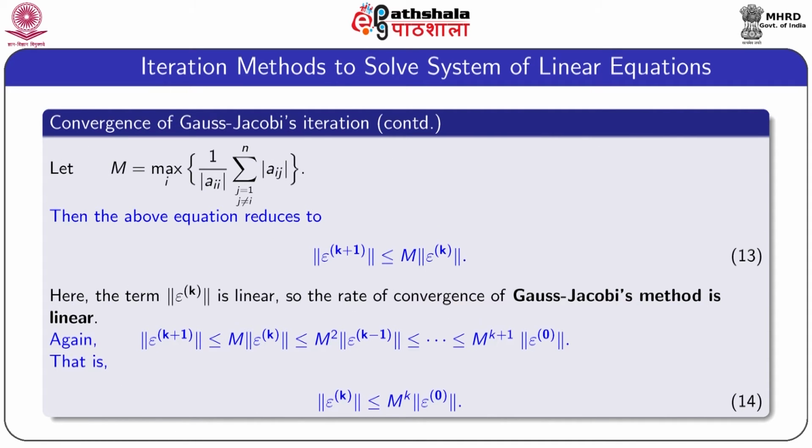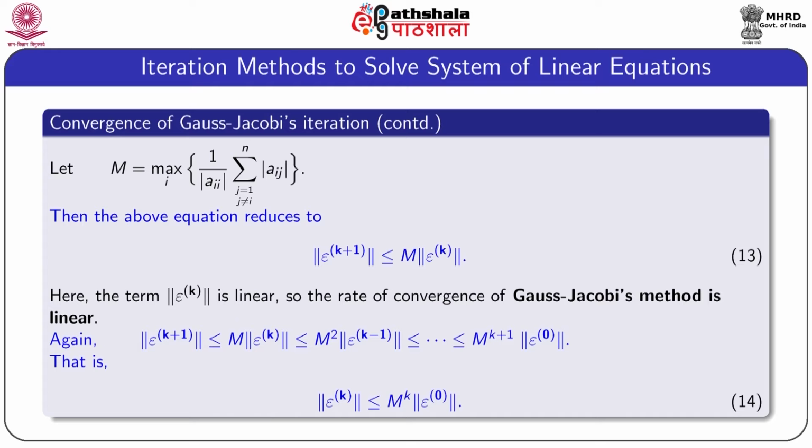Again, the norm of the error vector at the (k+1)th iteration is less than or equal to M times the norm of the error vector at the kth iteration, less than or equal to M squared times the norm of the error vector at the (k-1)th iteration, less than or equal to ..., M to the power k+1 times the norm of the error vector at the 0th iteration.